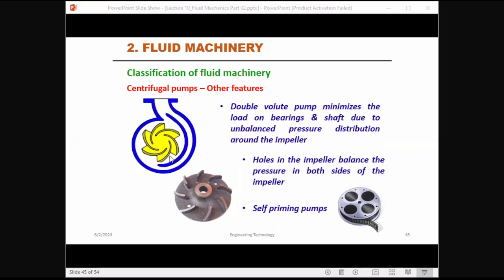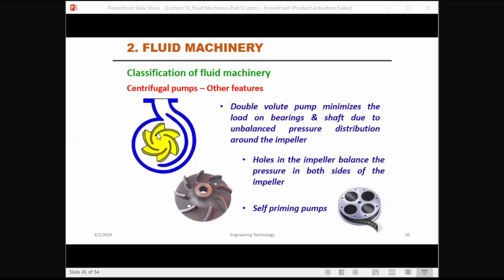Here you can see two volute chambers. This design helps in distributing the pressure more evenly around the impeller.